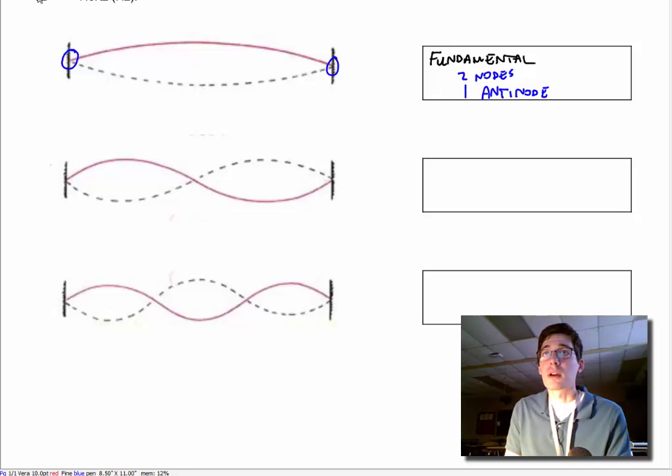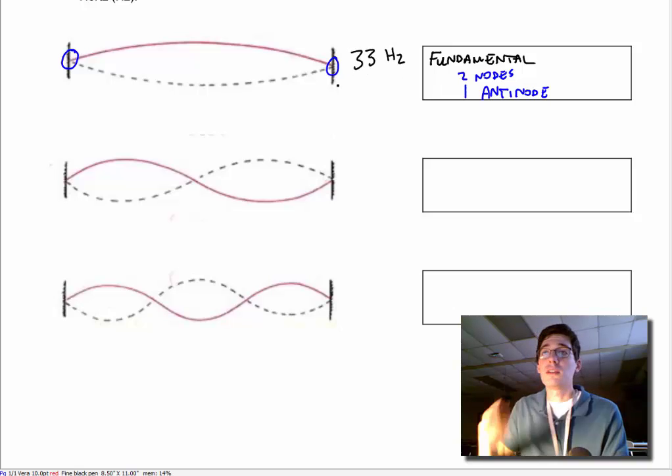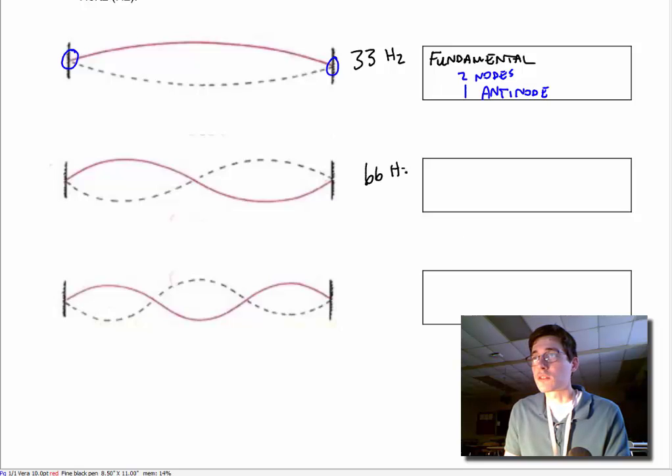In the classroom on my wave machine, I was oscillating this at 33 hertz. So it's 33 oscillations per second. Then we bounced it up to 66 hertz, more or less. And my shape changes. I have one string, but I've shortened my wavelength. This is only half a wave right here. Now I have one full wave in the same distance, so my frequency has gone up.